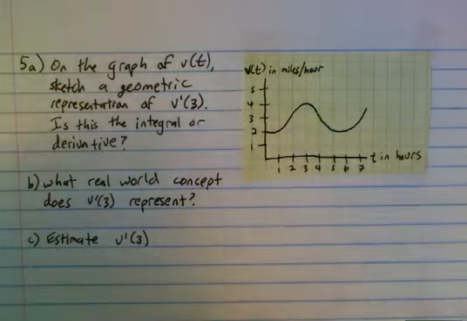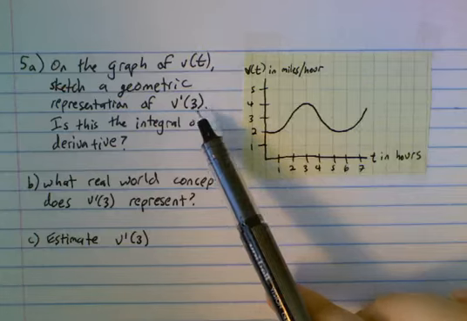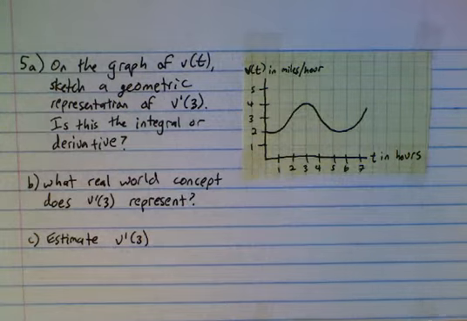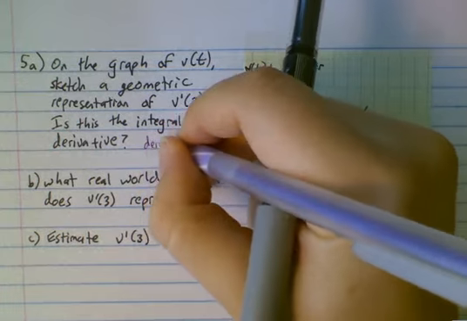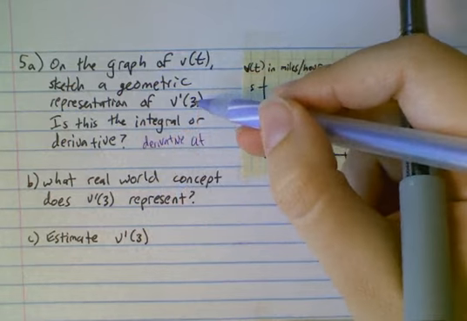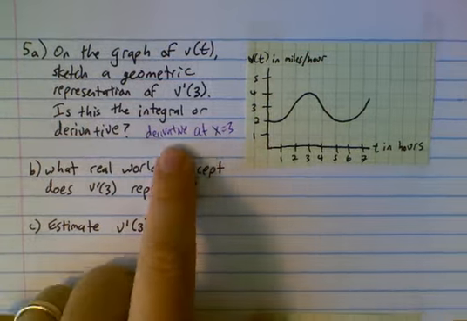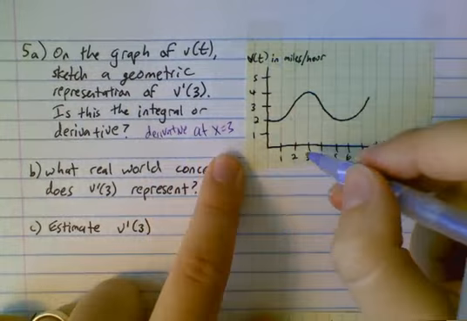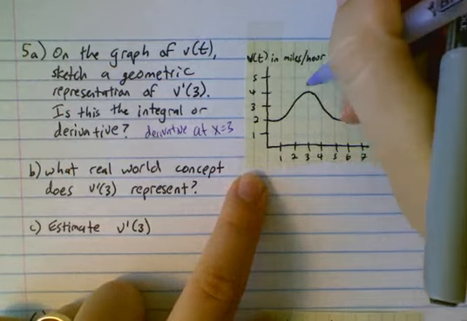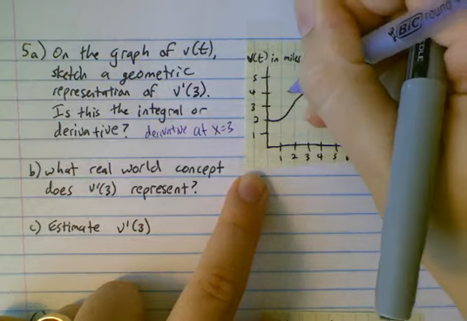So if all I'm telling you is that we've got v prime, a little prime, and I've got a number, what this is really saying is we're looking for the derivative at, well, there's only one number we've got, so it's got to be that one, x equals 3. So the derivative at x equals 3 means we find 3 for x, and then we sketch that little tangent line. So this is a horizontal line right there.